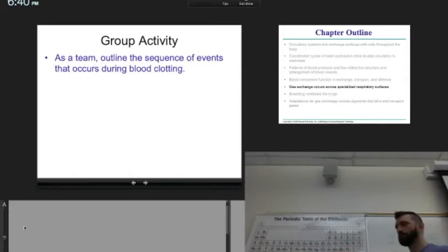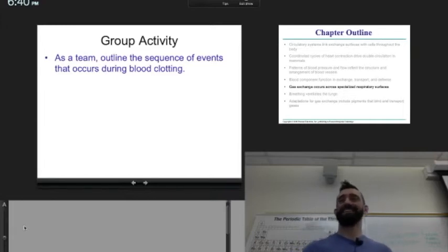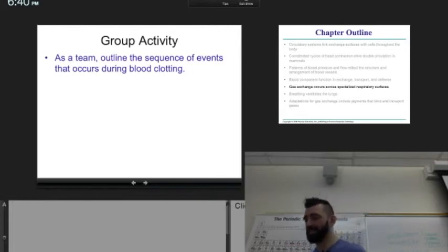Then the process of prothrombin, and then they produce thrombin, which then I guess catches fibrin.